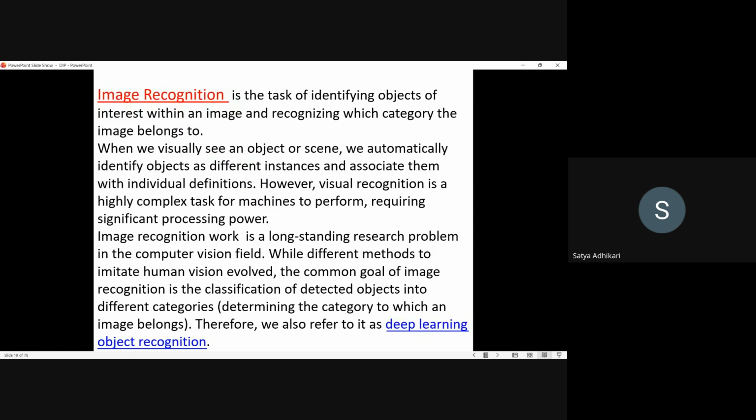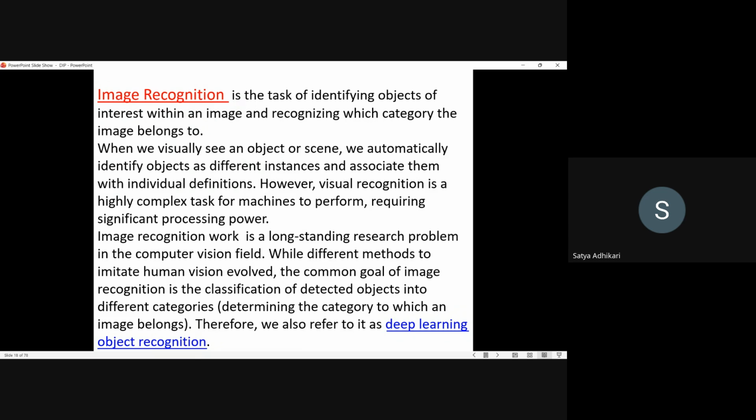Image recognition is the task of identifying objects of interest within an image and recognizing which category the image belongs to. We have seen that in that picture, it categorizes the different types of images it belongs to.